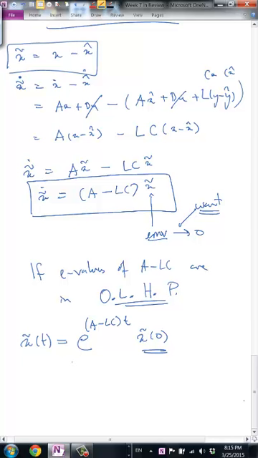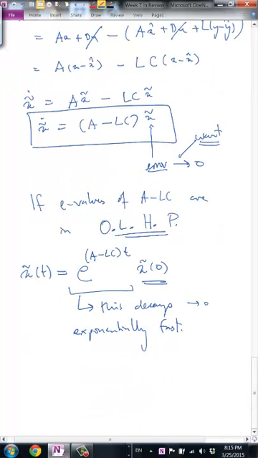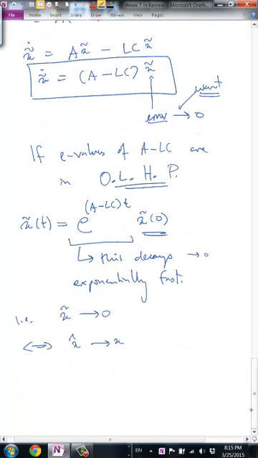But the point is it doesn't matter, because if the eigenvalues of A minus LC are in the left-half plane, this decays to 0 exponentially fast, which means that the error decays to 0 exponentially fast, which is exactly the same thing as saying that x hat converges to x exponentially fast, which is what we want.